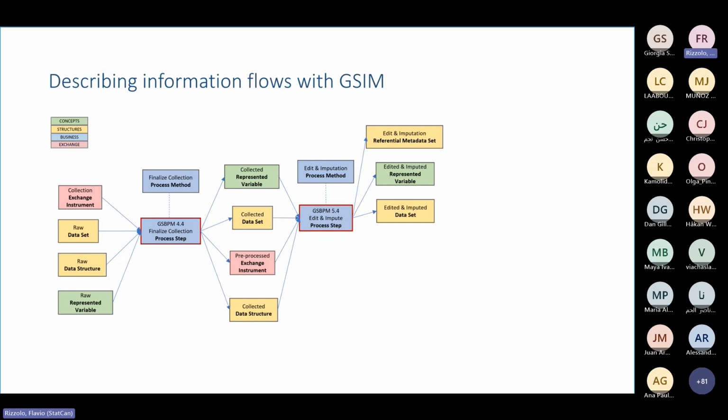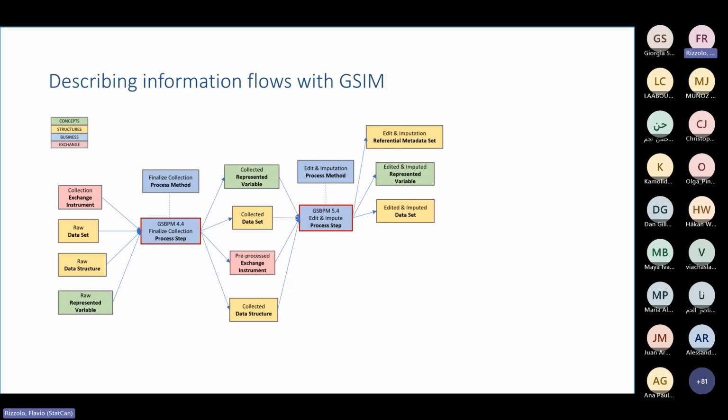So that's the cutoff decision point that we made: if this data is going to be shared broadly in the agency and is good quality, then we use an exchange instrument, like say a data hub or data mart. If it's something that is internally developed or is part of the bigger processing area, then it's just shared in more informal ways. We don't go into the details of how that sharing works.